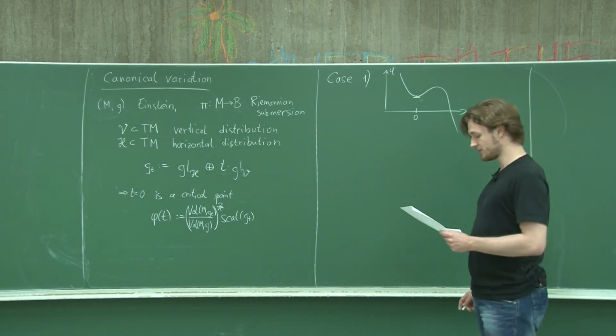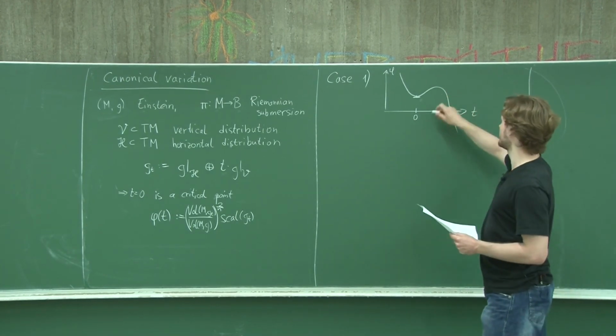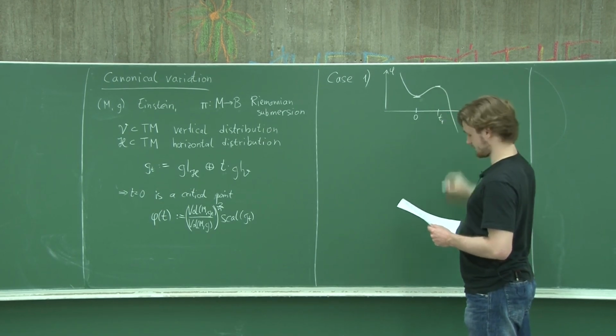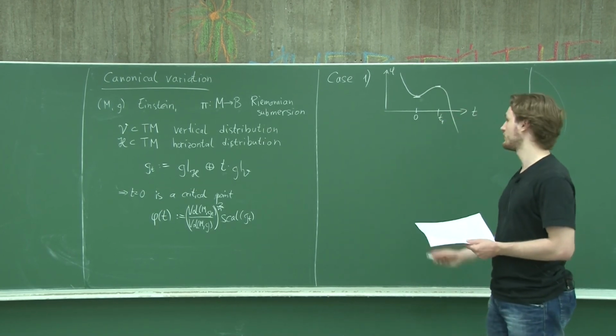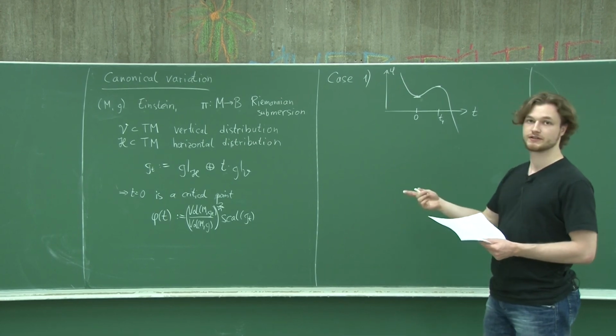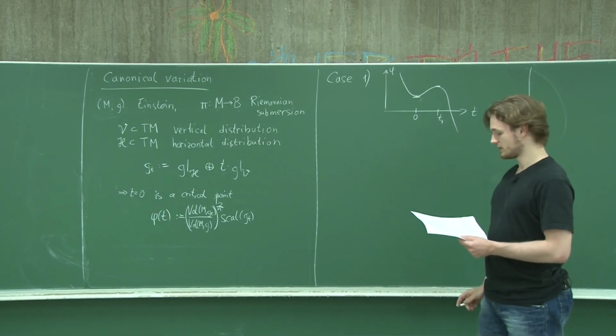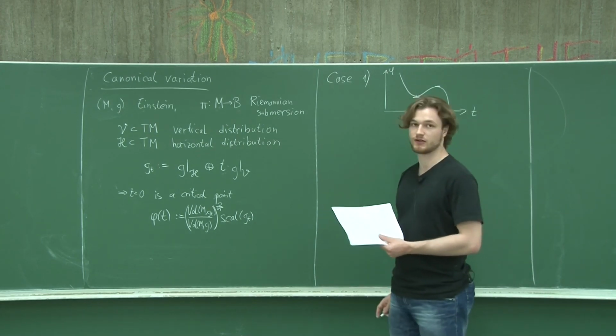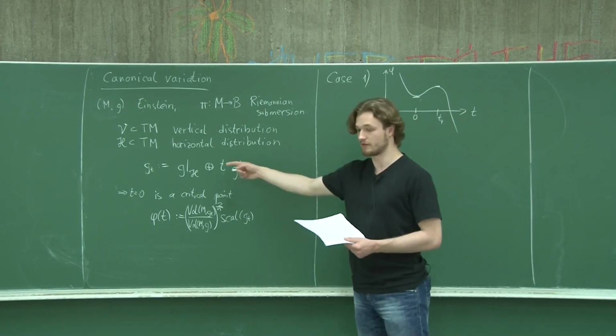Also, a nice bonus is there is, in this case, a second critical point at some T1. So we have found a different metric, G_T1, that is a critical point of the scalar curvature along this variation.